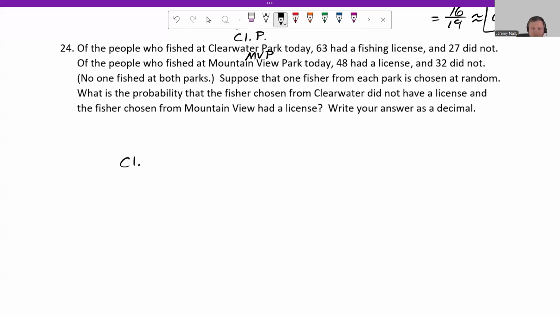So we have the Clearwater Park and then the Mountain View Park, and then we want to have total, and then license versus no license. If you have a license, that's mutually exclusive with not having a license, and we want a total for that.